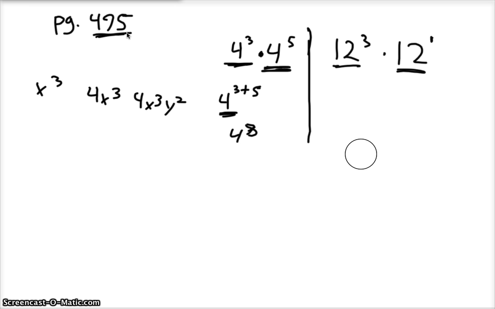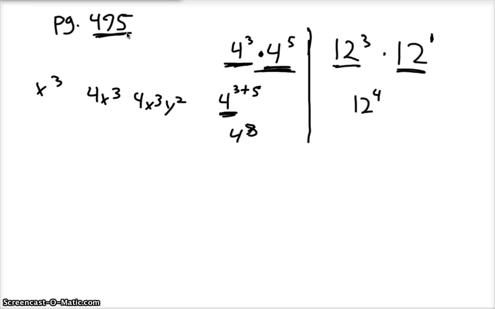You don't have to write the exponent, but maybe just for starting out, that may be helpful. So we have 12 to the power of 3 times 12 to the power of 1. We do 3 plus 1, so we end up with 12 to the 4th power. Easy enough. With a common base, meaning they have to be the same, you always add the exponents, and we're going to look at some examples.